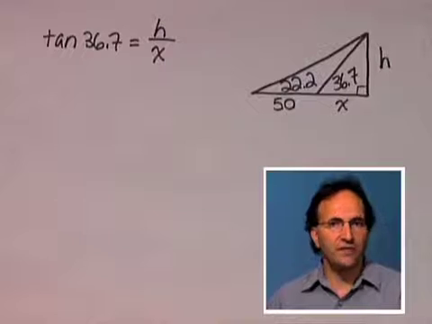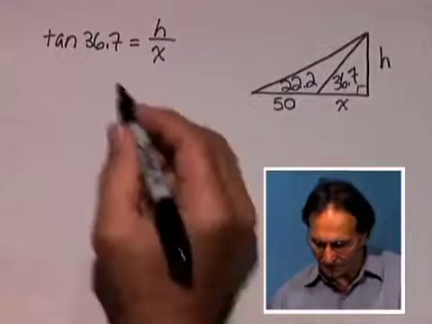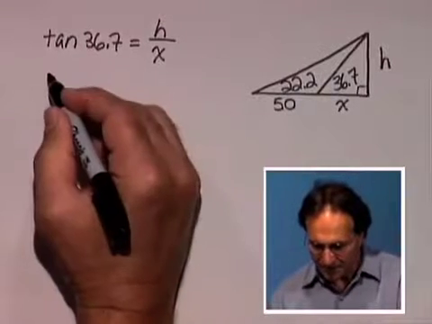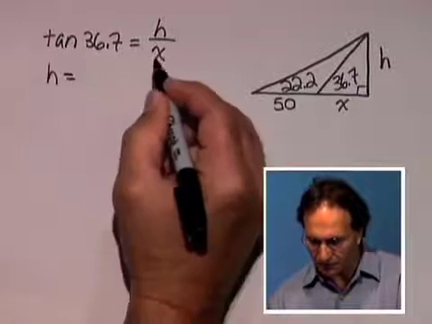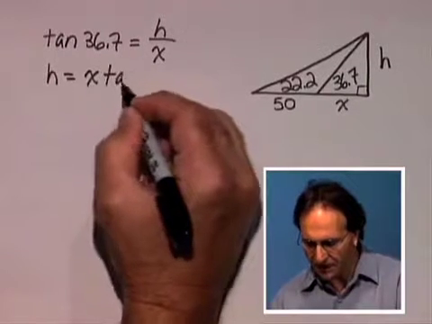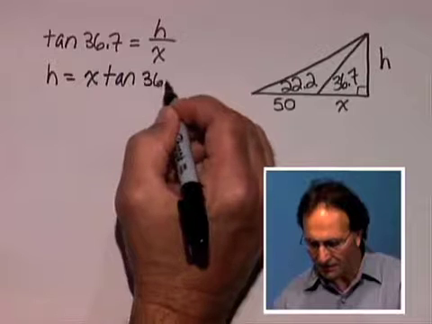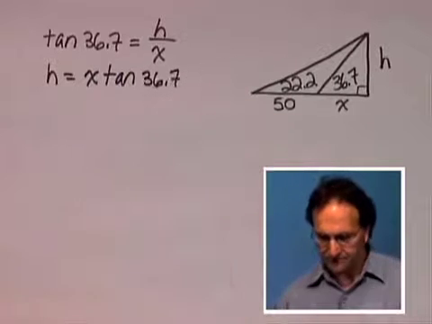And we can solve this equation for h, and that would be that h is equal to x times the tangent of 36.7.